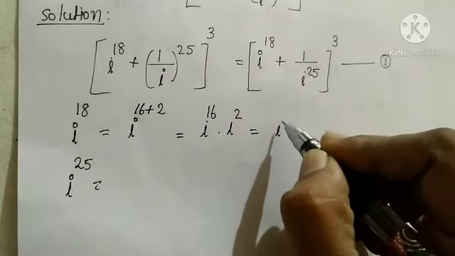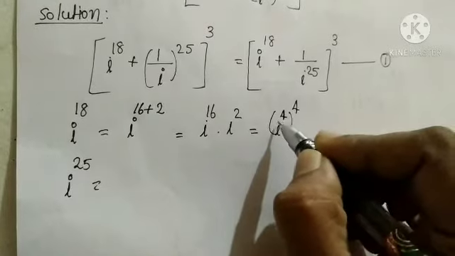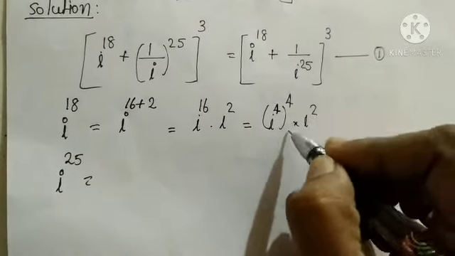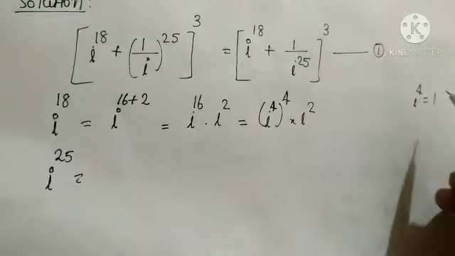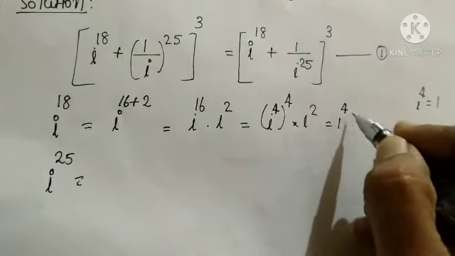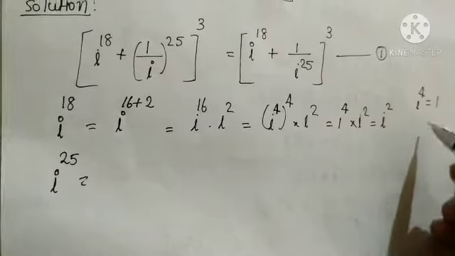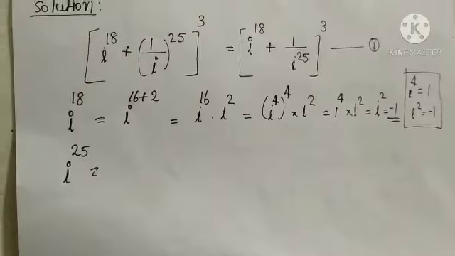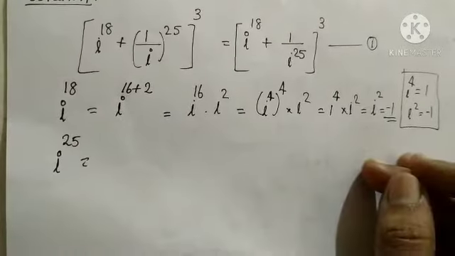So i raised to 16 can be written as i raised to 4 all raised to 4, into i square. The value of i raised to 4 is 1, so 1 raised to 4 into i square equals i square. The value of i square is minus 1. So the value of i raised to 18 will be minus 1.